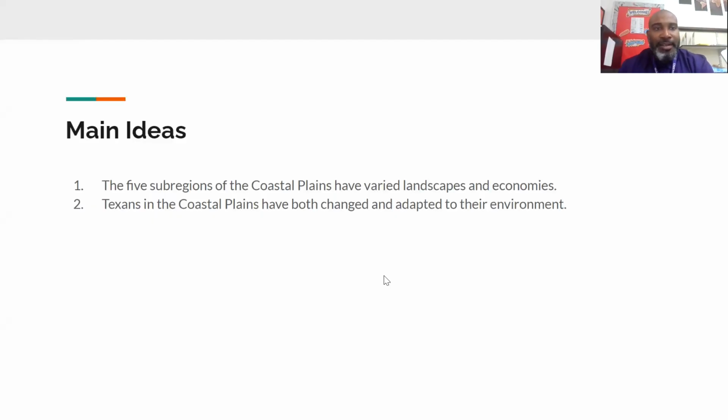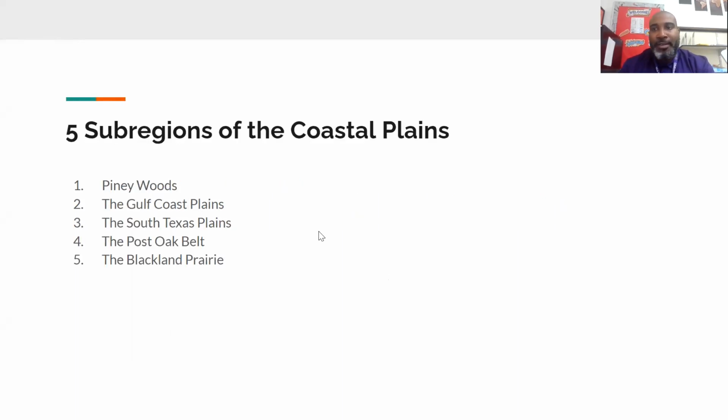All right, so the main ideas. The 5 subregions of the coastal plains have varied landscapes and economies. Texans in the coastal plains have both changed and adapted to their environments. There are 5 subregions, and remember, a subregion is a smaller form of a bigger, broader region.